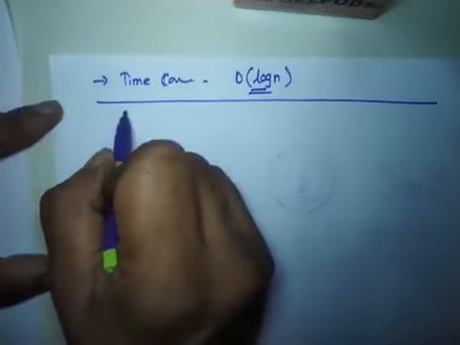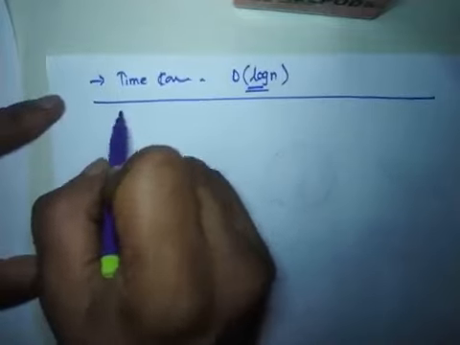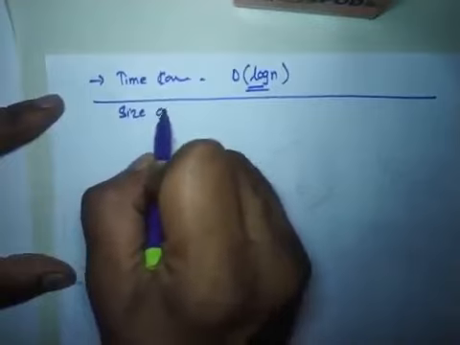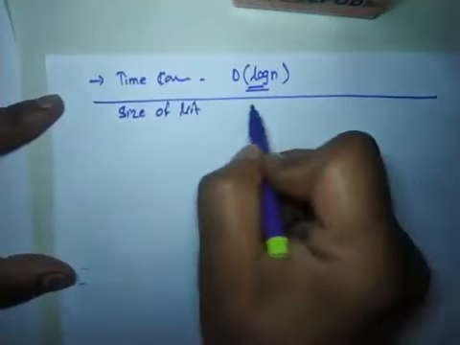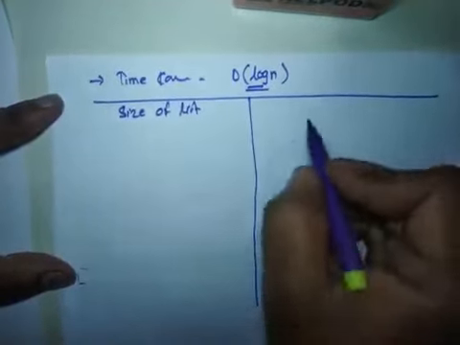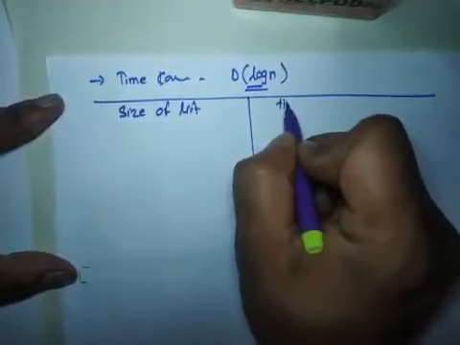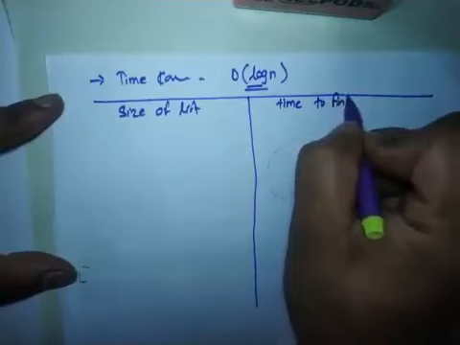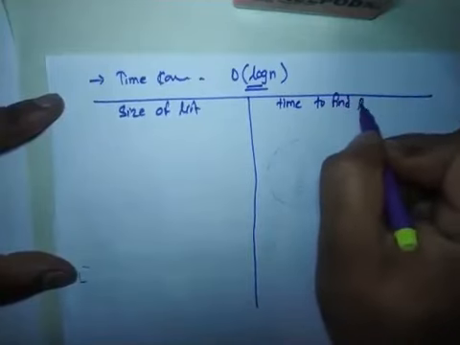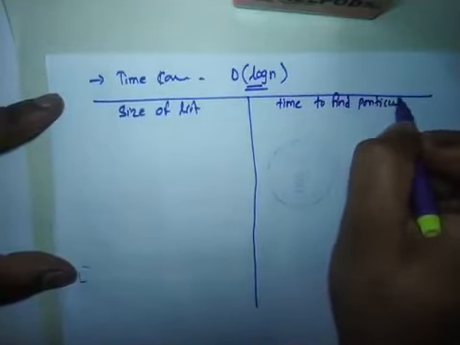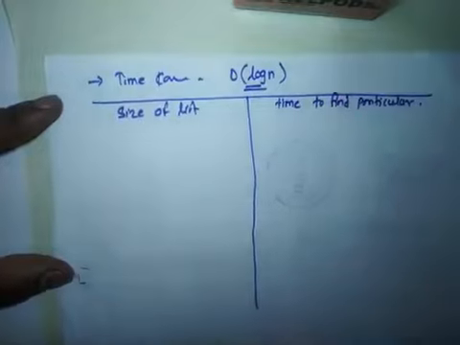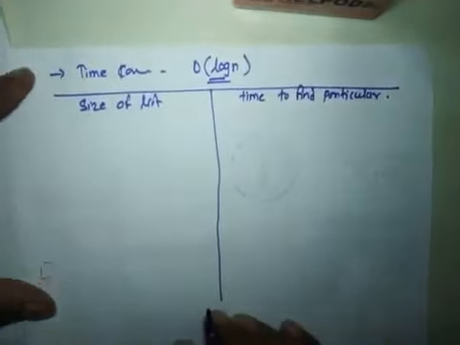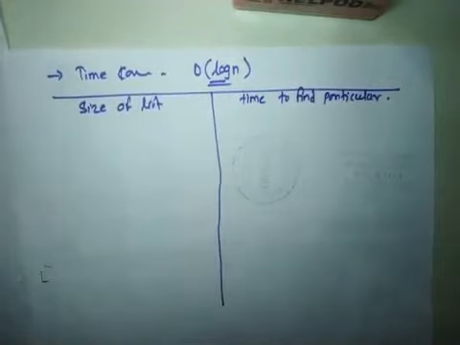So here I am assuming the size of the list, meaning the number of elements in the array. And how many iterations, meaning how much time is required to find a particular number.